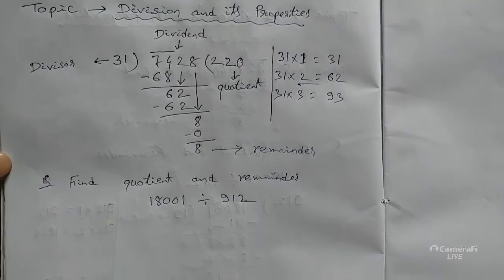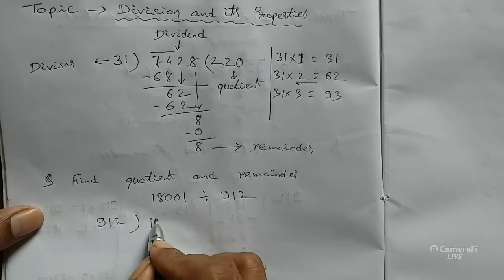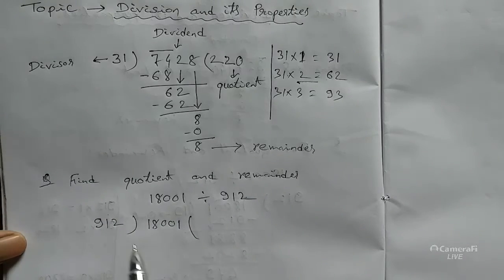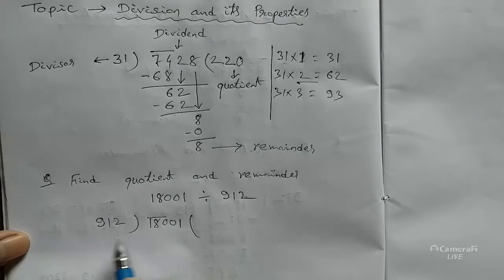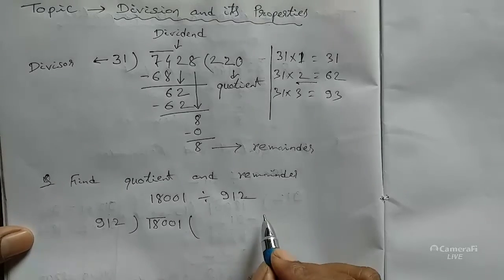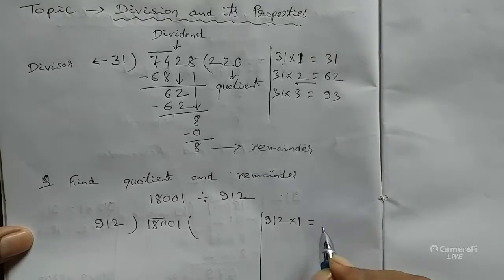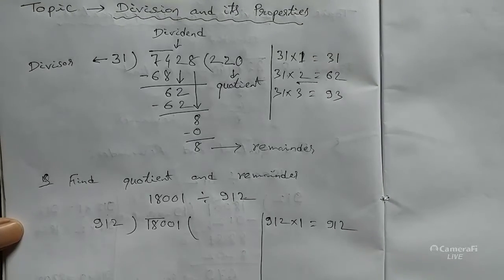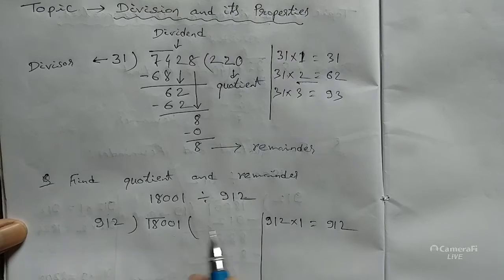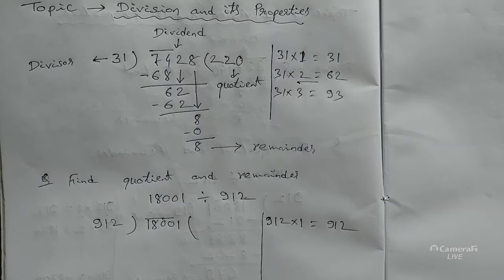So let us divide this number by 912. Let us take the first 3 digits, as 912 has 3 digits, but if we prepare the table of 912, 912 into 1 we get 912, which is more than 180, so not possible. So let us take 4 digits, 1800.